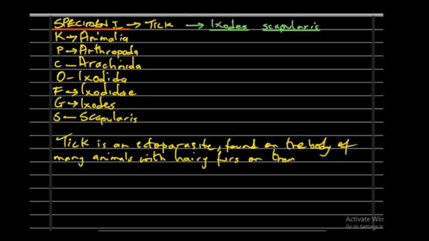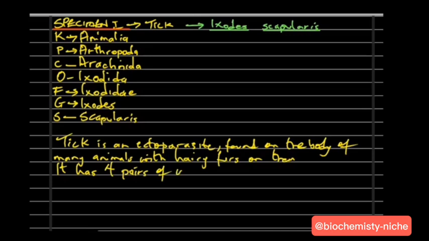I said earlier on that it is an arachnid. It belongs to the class Arachnida. That is why it has 4 pairs of walking legs, that is 8 in total.